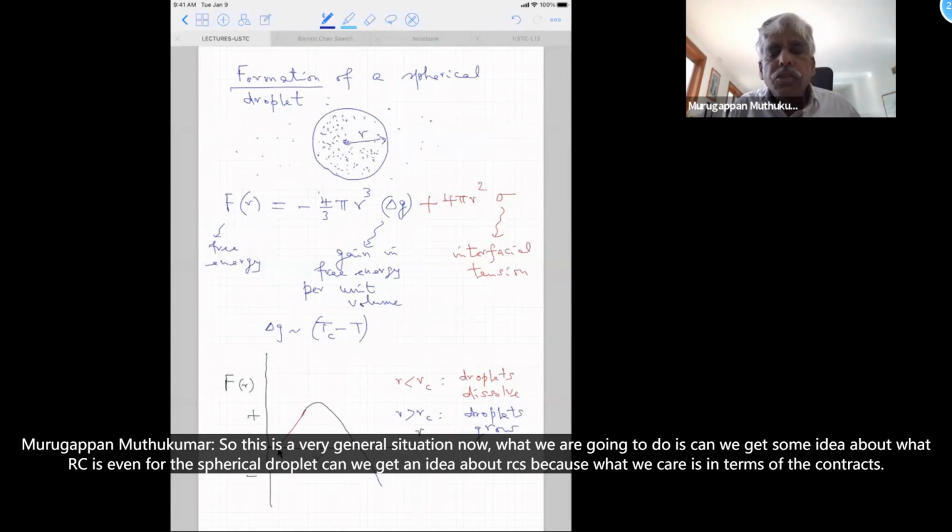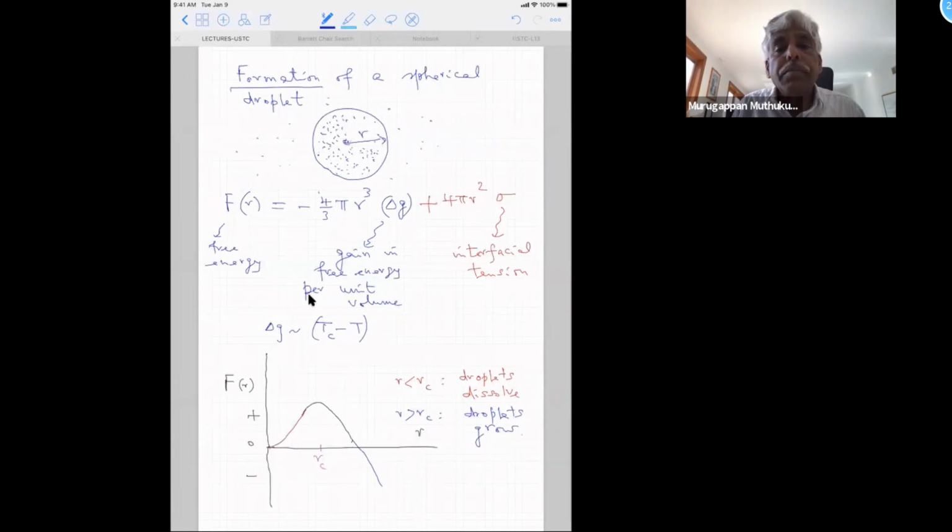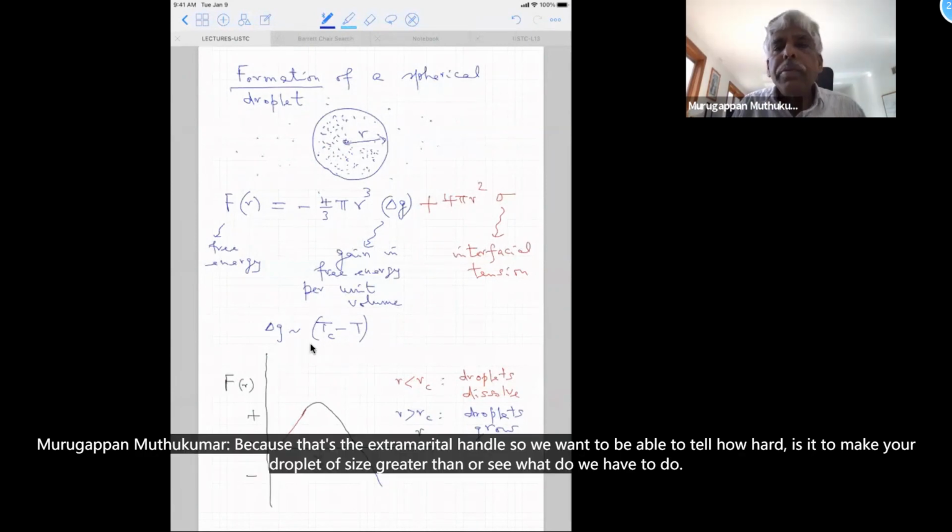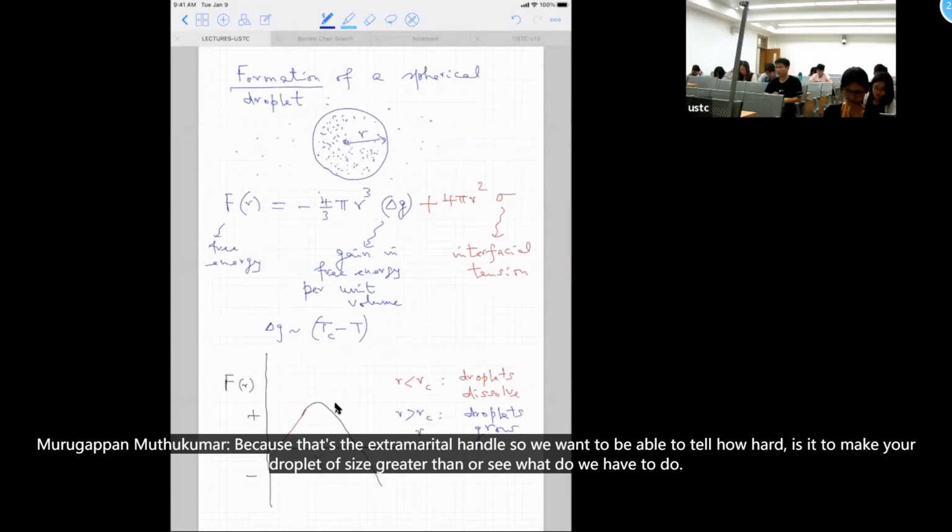So this is a very general situation. Now, can we get some idea about what RC is, even for the spherical droplet? Because what we care about is the quench depth. That's the experimental handle. We want to be able to tell how hard it is to make a droplet of size greater than RC, and what we have to do.